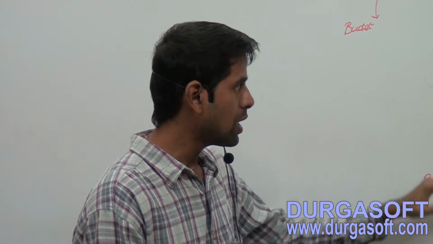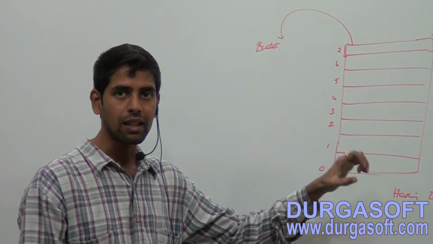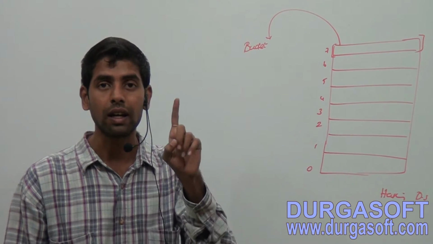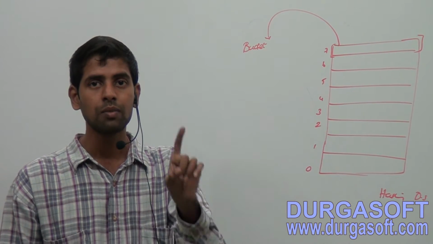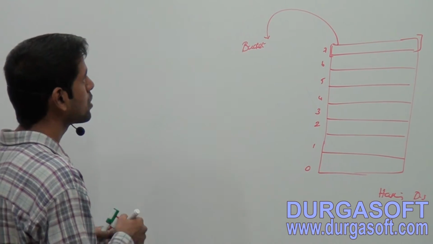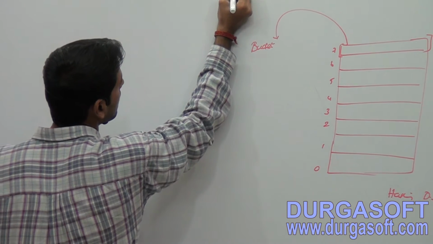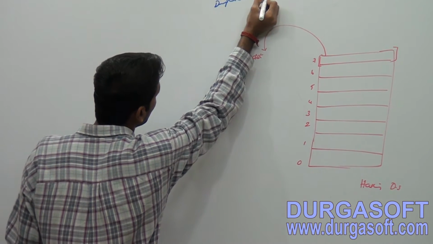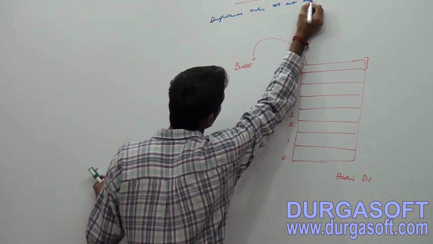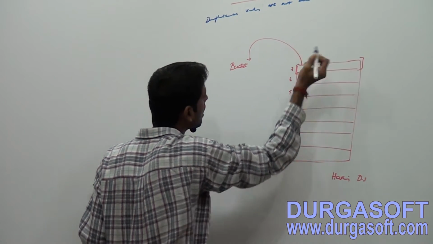Whenever you save the data within this hashing related data structure, you have one restriction, one condition: duplicate values are not allowed.